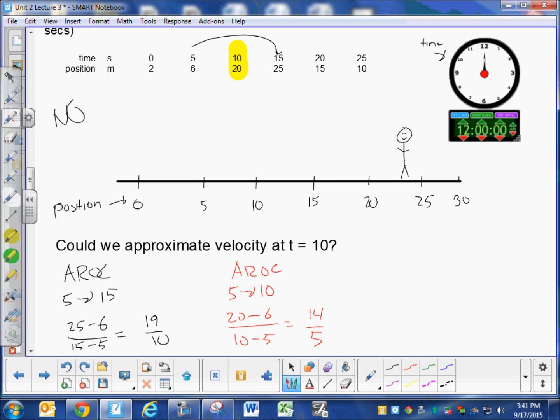And then maybe instead of 5 to 10, let's go 10 to 15. Because maybe if he's traveling at the average rate of 5 meters per second or 1 meter per second, that's going to be the exact velocity that he's traveling right at the 10th second. So maybe we need to do this one as well.